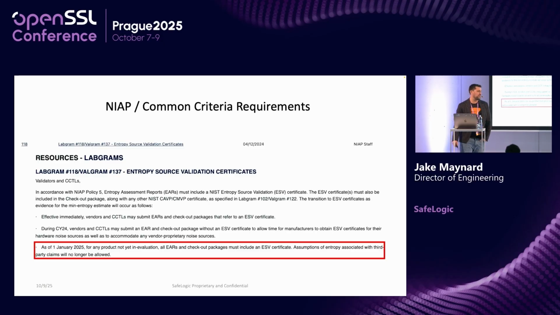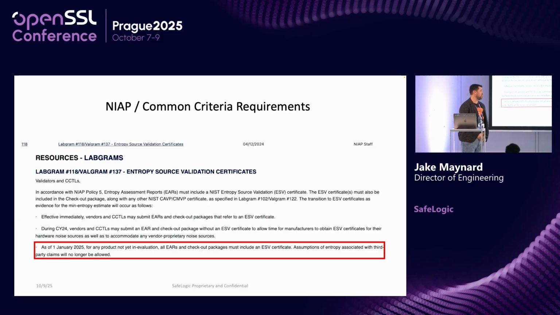Next, in April 2024, we started to see signals from the standards and certification bodies when LabGram 118 dropped from NIAP. NIAP is the National Information Assurance Program. It's a US government program run by the NSA. They validate security of commercial IT products for use by the US government, and it operates under the Common Criteria Recognition Arrangement.